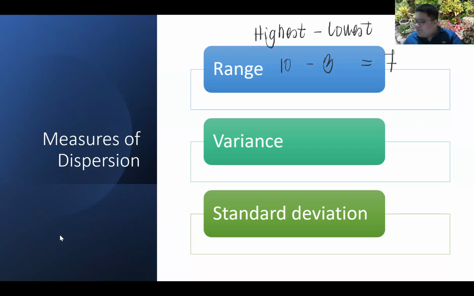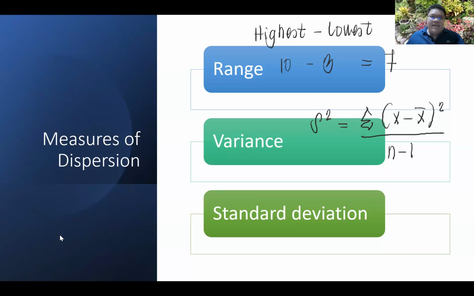Okay, so class, variance. The formula of the variance is usually s squared. Okay, ang symbol po pala ng variance is s squared. And the formula is summation of x minus mean squared over n or n minus 1. N minus 1 po kapag sample, big N lang po kapag population.